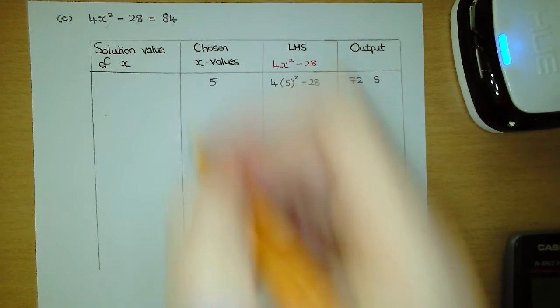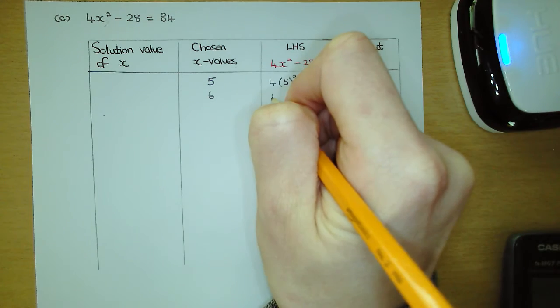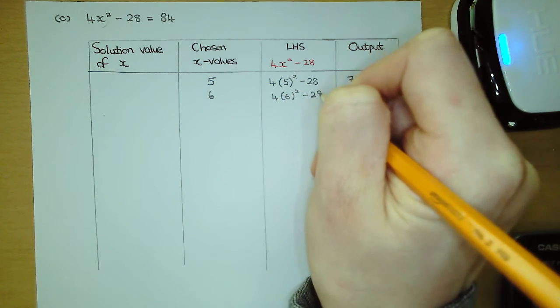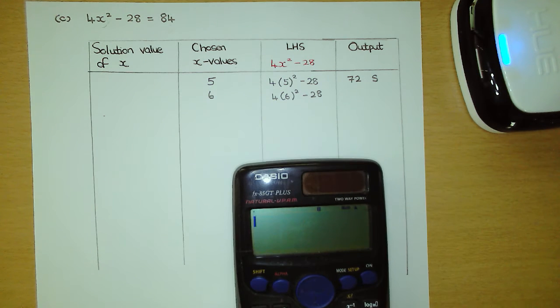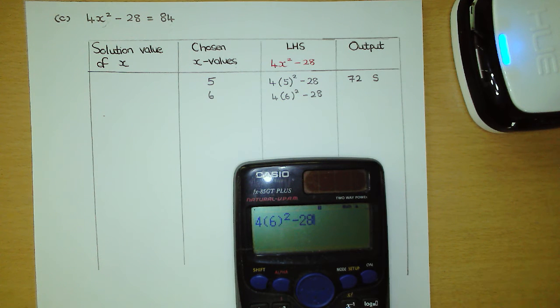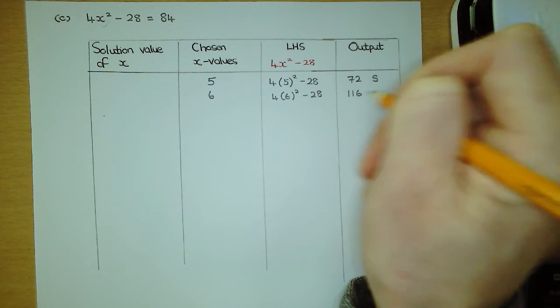So the next whole number value of x we're going to choose is 6, and we're going to chuck it into the left hand side. And again, go to your calculator and type it in carefully. That's going to give us 116, which is bigger than the target number.